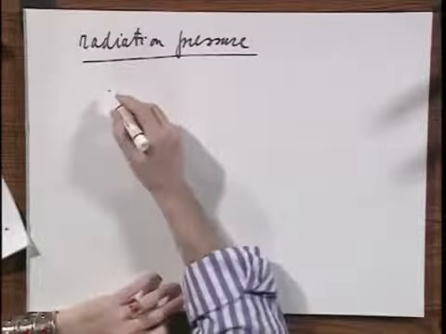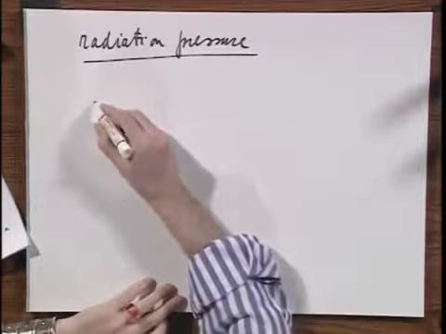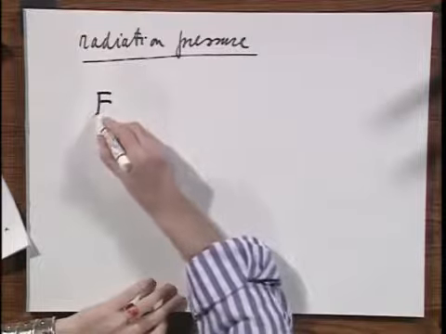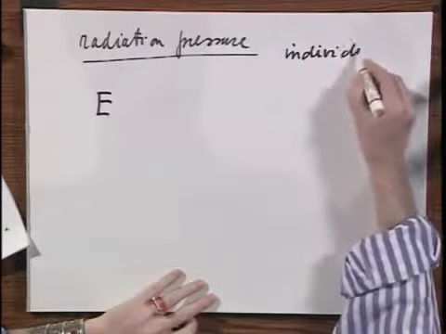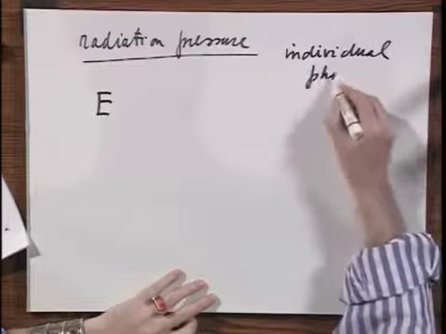Perhaps you remember one of the famous relations from Einstein, that if I have an individual photon, and an individual photon is a very different thing from this continuous stream of electromagnetic radiation, which has no beginning in time and no end in time, no beginning in space and no end in space.